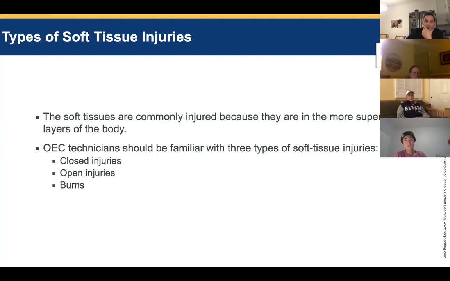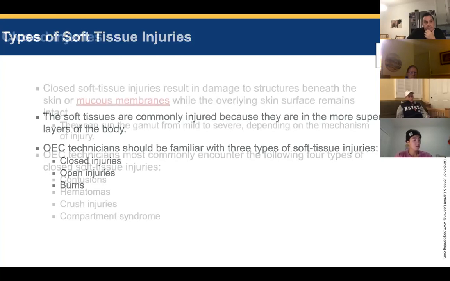So open injuries also can be from penetration, from hitting objects that are sharp and penetrate in. And then burns, we talked about knowing the types of burns: electrical, lightning, radiation, even sunburns. We'll talk about the types of burns.